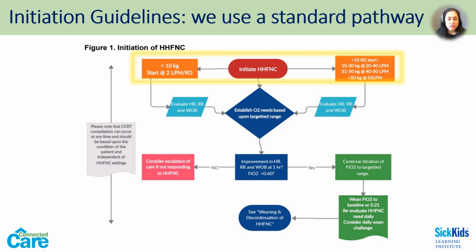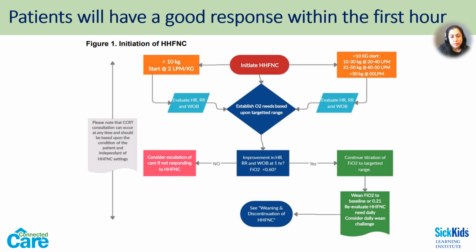So once we initiate the therapy, we then establish what FiO2 needs they have. Once we've established oxygen needs based on targeted ranges, we then look at the patient's response within the hour.